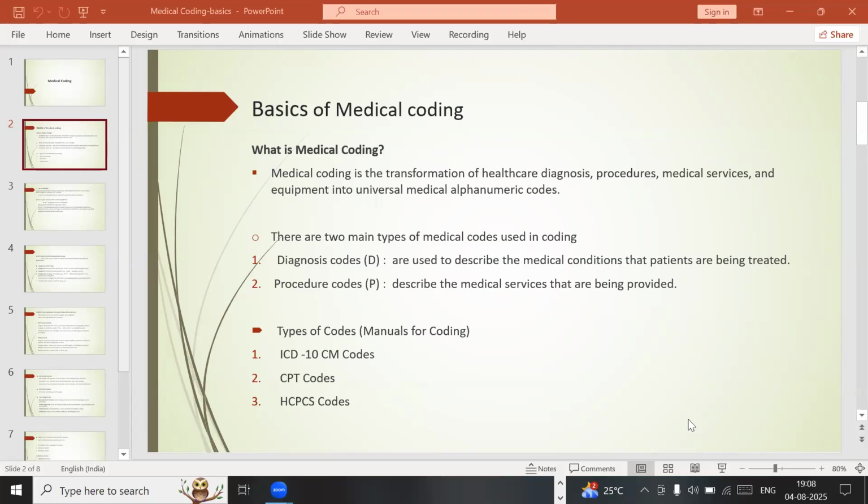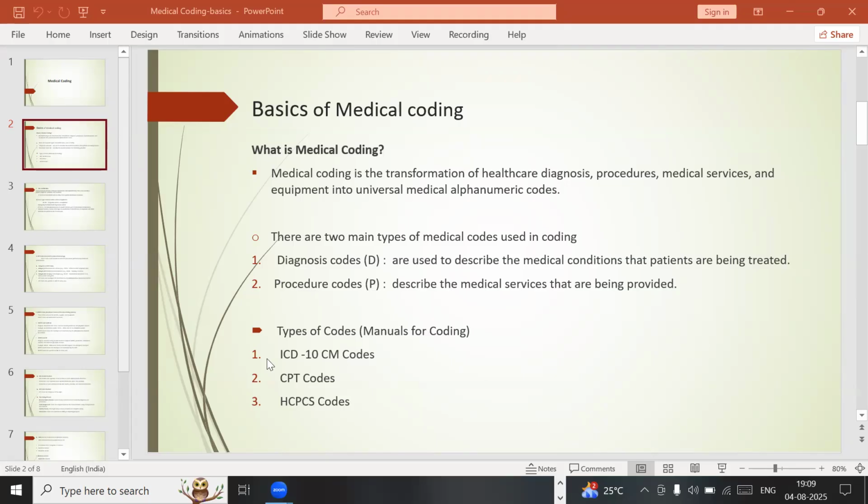For example, if a patient has a diagnosis like diabetes, hypertension, fever, or acute or severe back pain, and is getting treatment from the doctor for that condition, we report it with D codes, which are diagnosis codes. Coming to procedure codes, whatever procedures he undergoes, like appendectomy, biopsy, endoscopy, or trigger point injections, all come under procedures. For these, we report procedure codes.